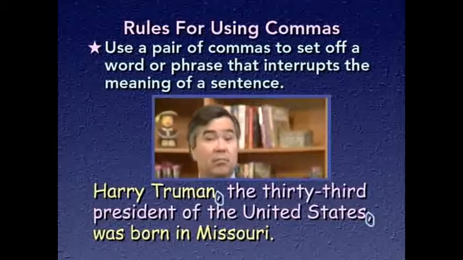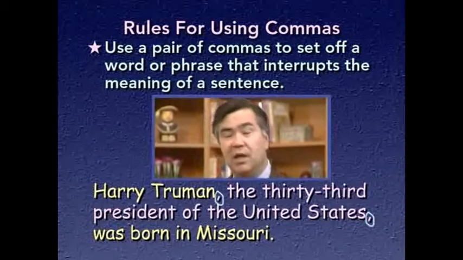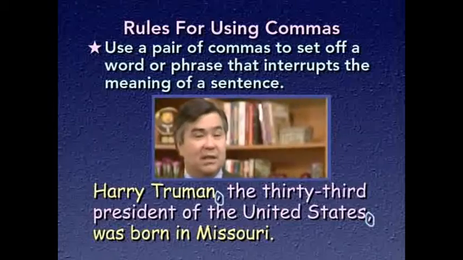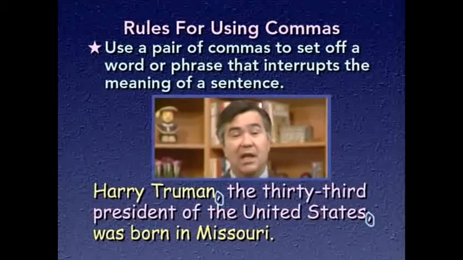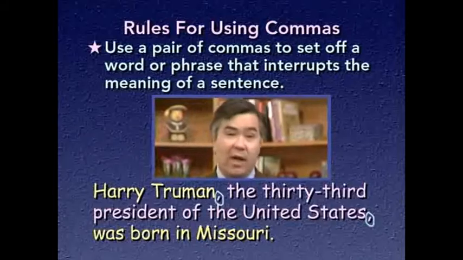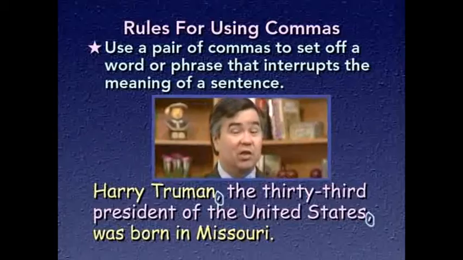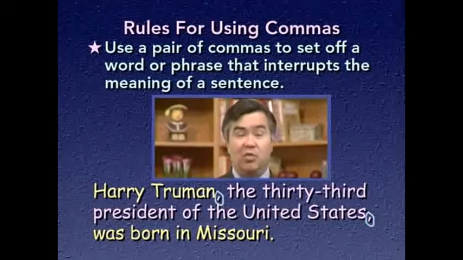Harry Truman, the 33rd President of the United States, was born in Missouri. Notice how the link between the subject of the sentence, Harry Truman, and the verb was becomes a little clearer when we pause to set off those words that interrupt the flow from the subject to the verb.